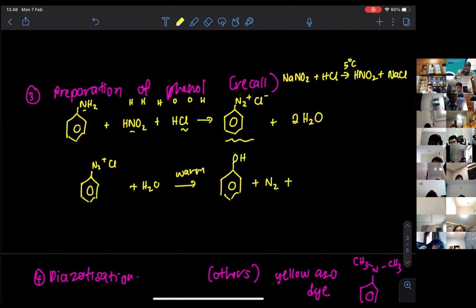For the phenol, you have OH, and the N2 came out. So the Cl and the H remaining give you HCl. This is how you prepare phenol, recalling the things that I taught you.